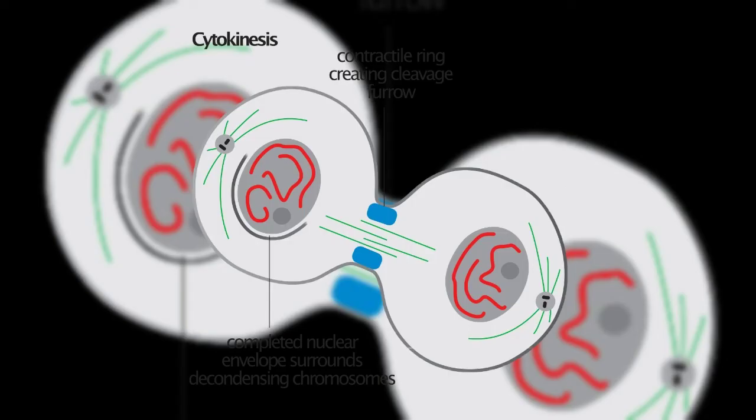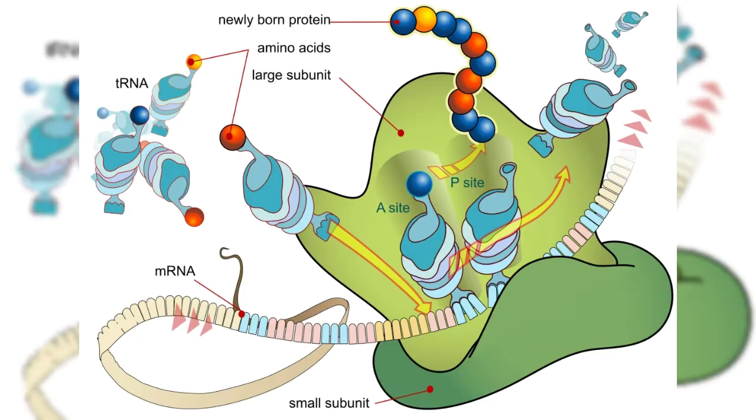Cytokinesis. The division of the cytoplasm during the process of meiosis. Translation. The stage of protein synthesis that occurs in the cytoplasm.